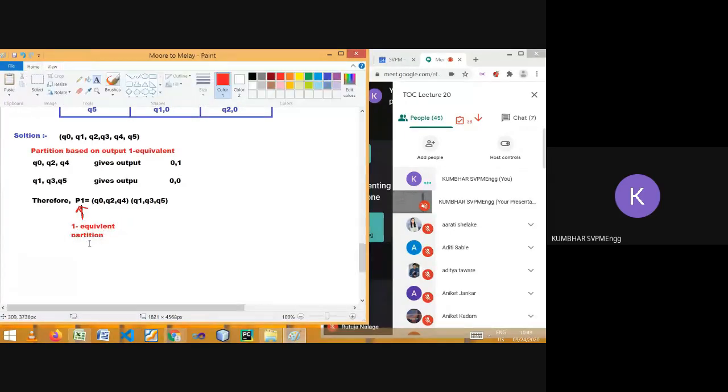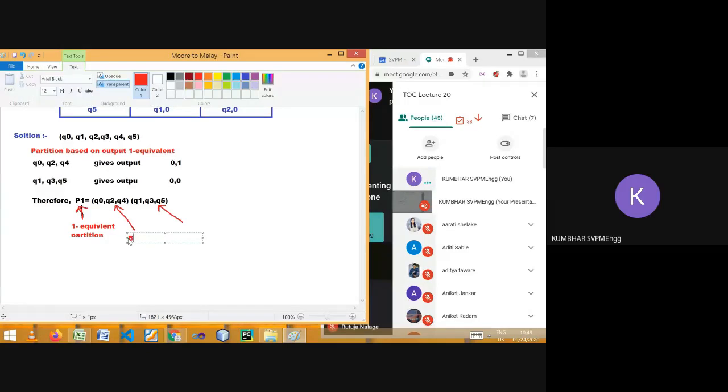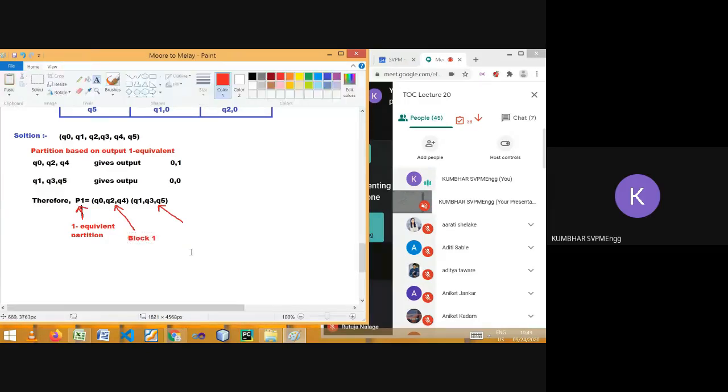Okay, and if I say this first part is block 1 and this second part is block 2, now I can try to apply the 2 steps for block 1 and block 2 separately, so that I can go for further partition.